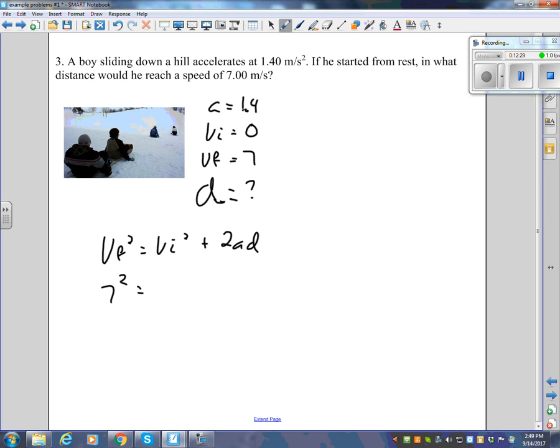Seven squared, v_i is 0. Okay, now the math here might be a little bit different.